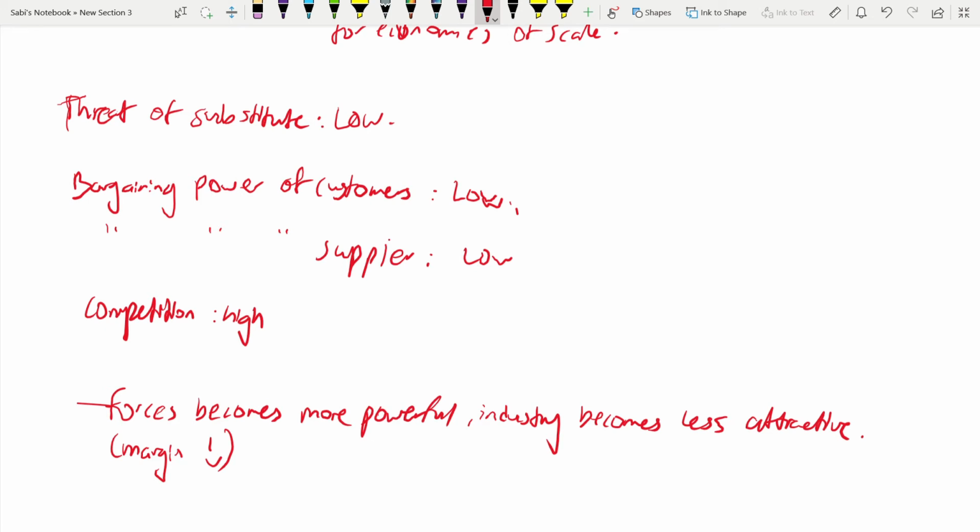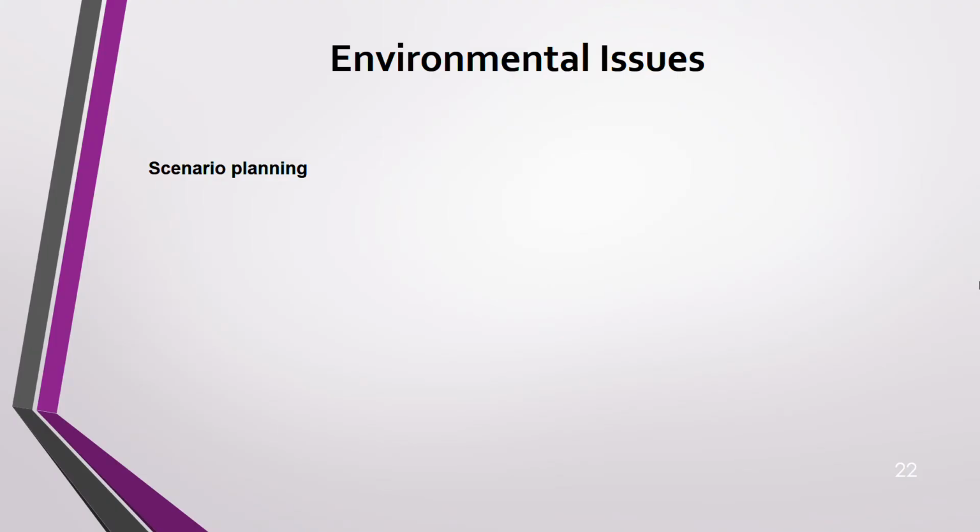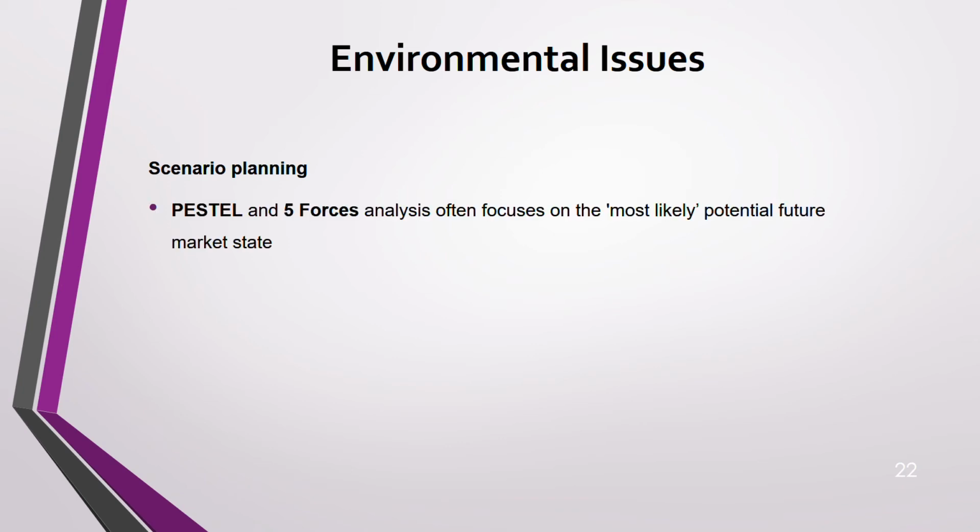So now let us go to our third model, which is scenario planning. After Pestle and Porter's five forces, let us go to scenario planning. In scenario planning, what do we do?